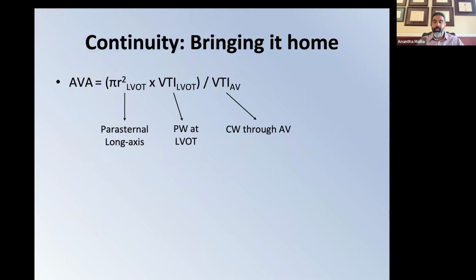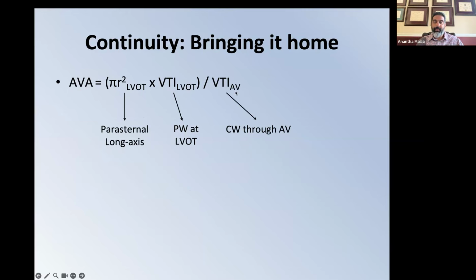All right, so to bring it home, by continuity, the way to estimate aortic valve area is to take the cross-sectional area of the LVOT measured in the parasternal long axis view, the LVOT VTI done with pulsed wave Doppler with the bracket at the LVOT, just like we do when we're measuring stroke volume.